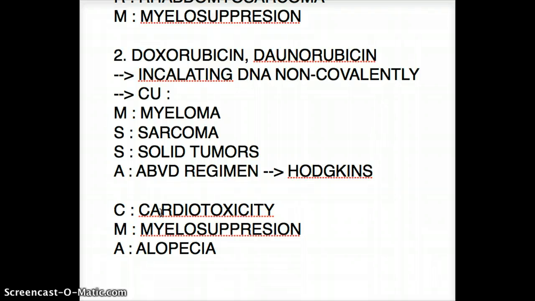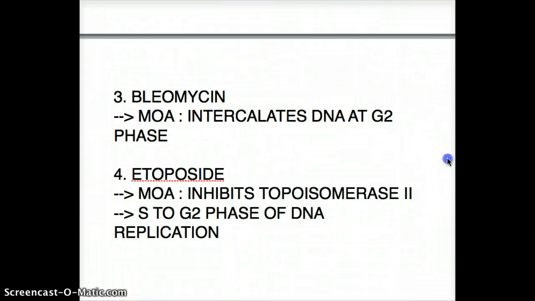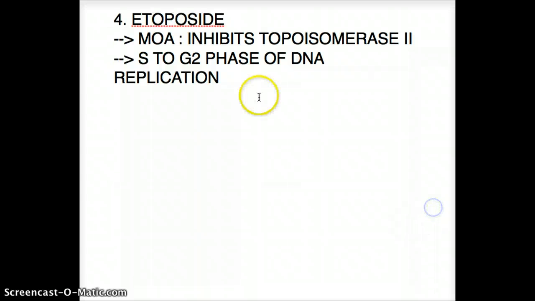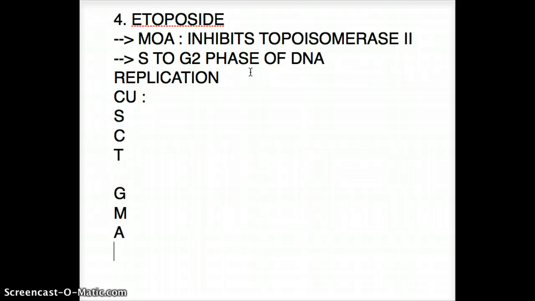I have a similar mnemonic for etoposide, so I'm going to go directly to etoposide. For the clinical use and toxicities of etoposide, I used Scott. The word is in my head, but I write down S-C, Scott, G-M-A. So I remember MASA CMA is for doxorubicin and daunorubicin, and Scott GMA is for etoposide.